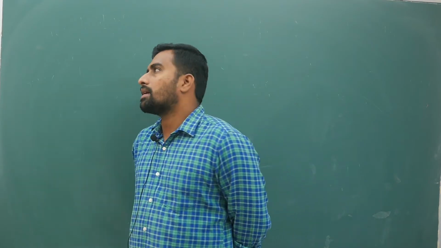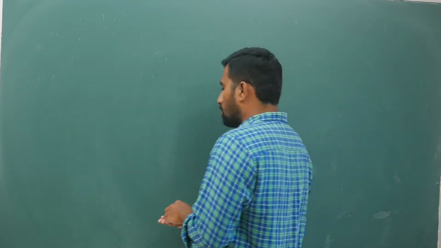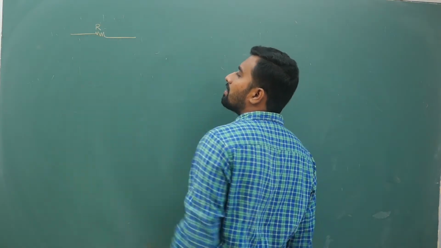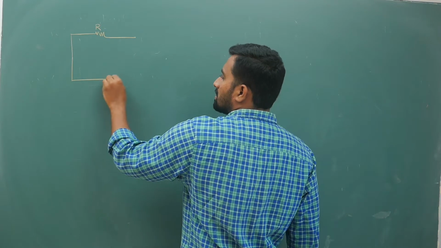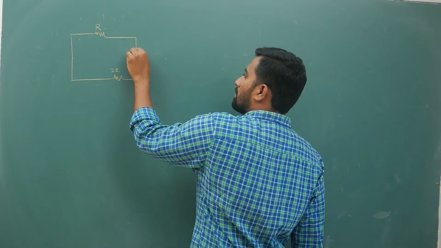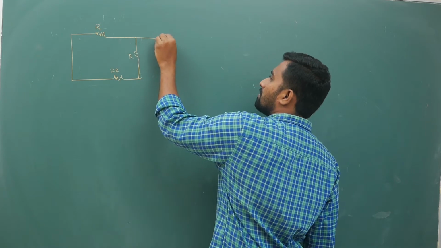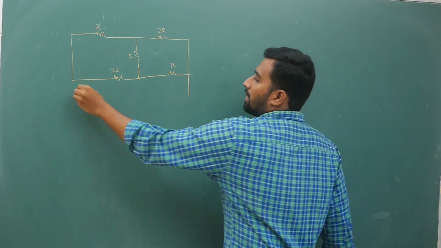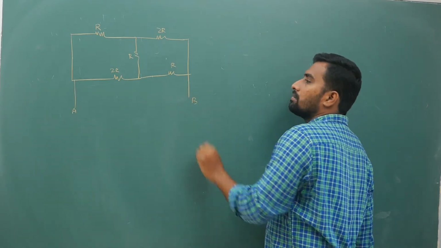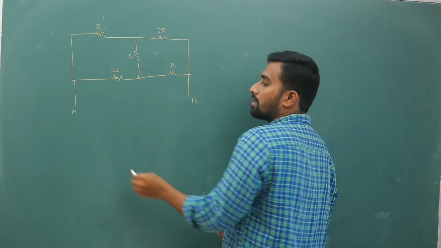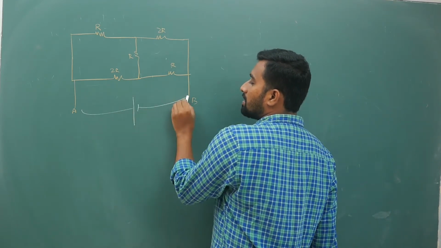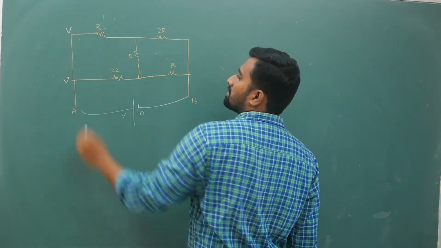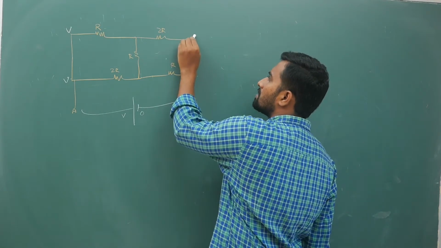Now if you remember the current electricity part, for asymmetric circuits, what we have done is, if you have a resistor R like this with another resistor 2R like this, and one more resistor R here, one more resistor 2R and another resistor R like this, I have told you very clearly that you are supposed to connect a V volt battery, then mark your potentials V like this, this is 0, this is 0.